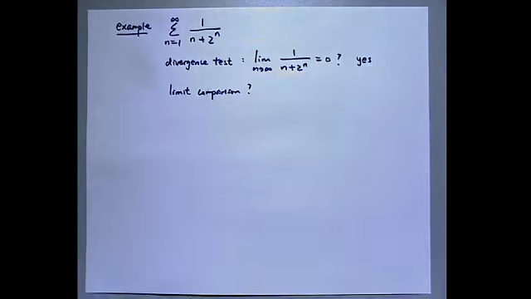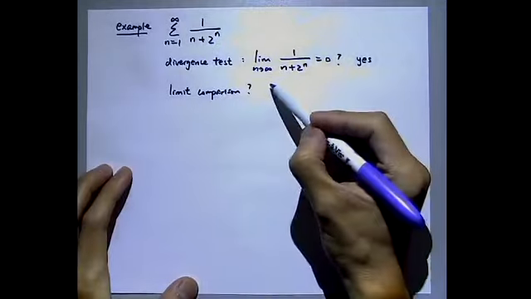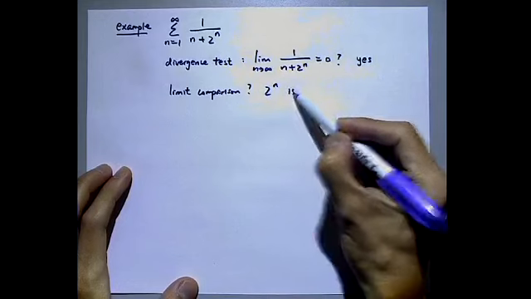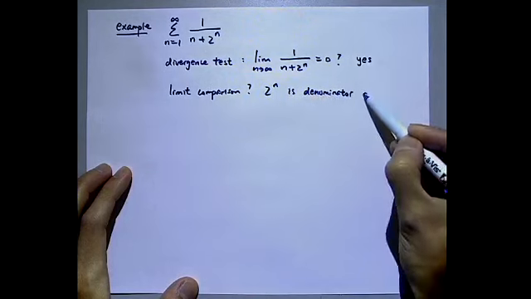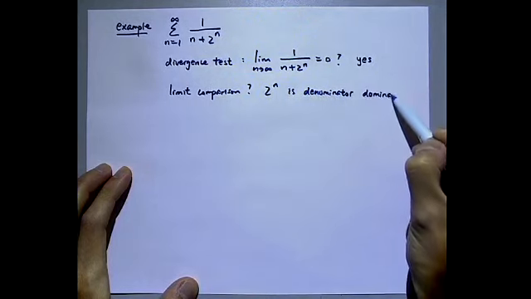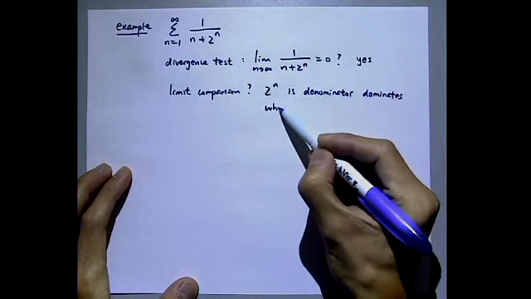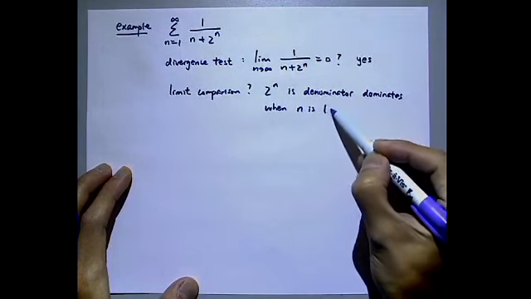And why do you say that? Because the largest term in the denominator is 2 to the n, which makes that series similar to 1 over 2 to the n. Very good. So what he said here is that 2 to the power of n in the denominator dominates when n is large.